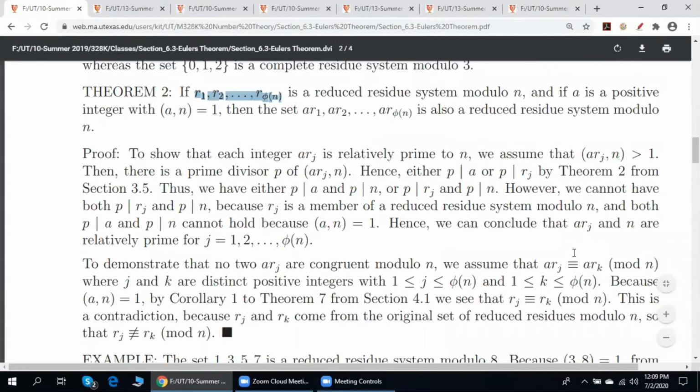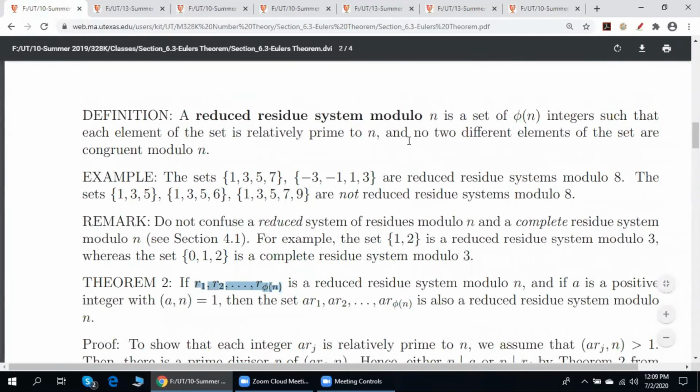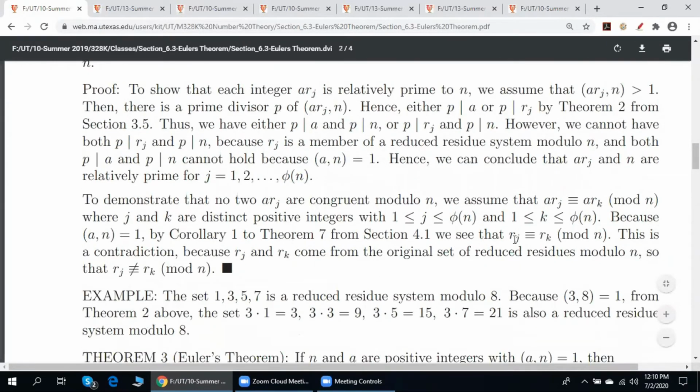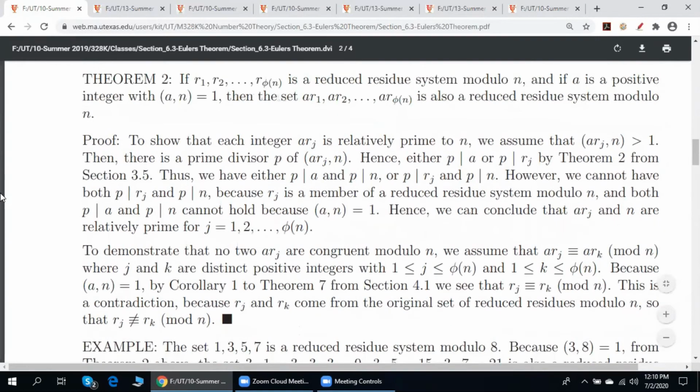And remember, by definition, no two different elements of the set are congruent modulo n. So this is impossible by definition. Therefore, this is impossible. We are completely done.